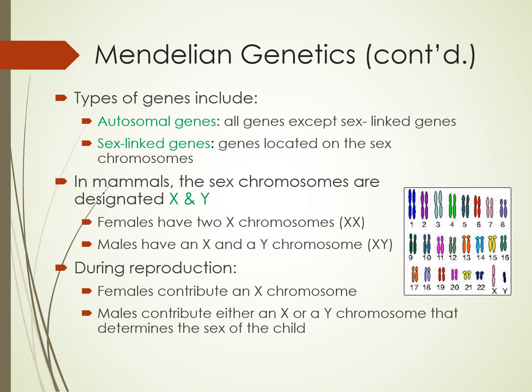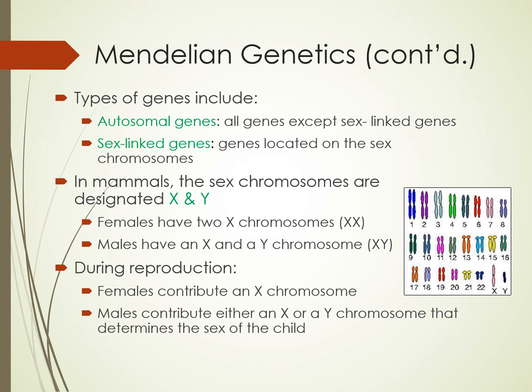We were talking about Mendelian genetics. In mammals, the sex chromosomes are designated X and Y. Females have two X's, males have an X and a Y. The Y has, if I remember correctly, something like 1/3 of the genetic material, so there's no matching part for about 2/3 of that X chromosome in males.